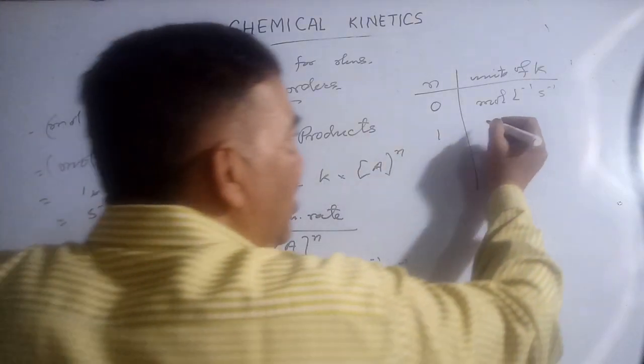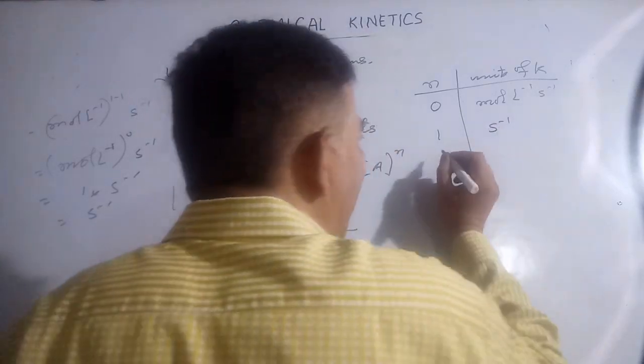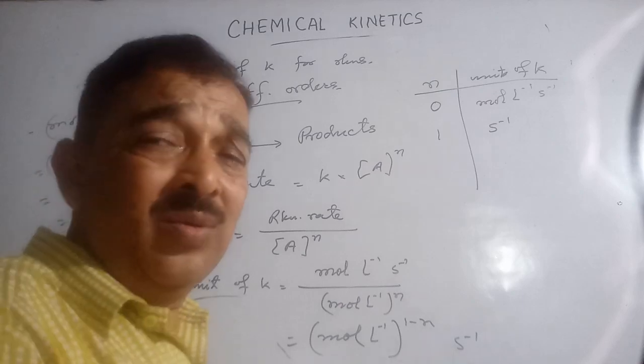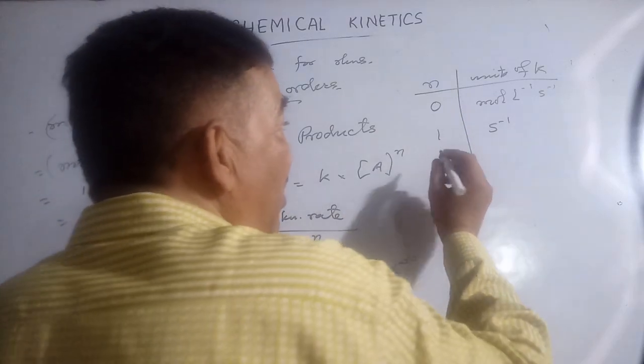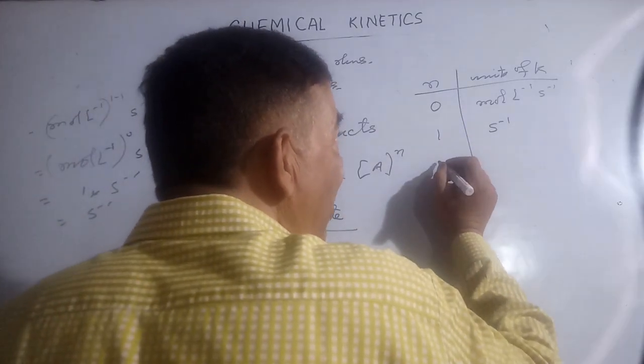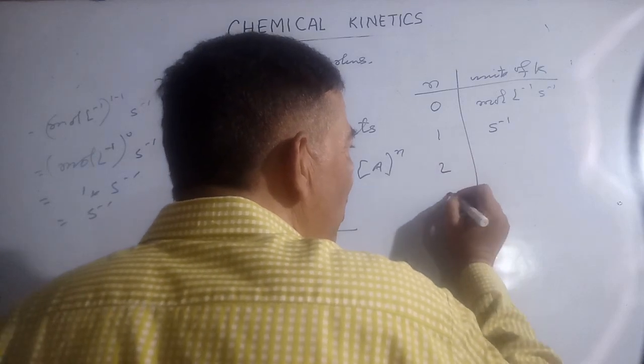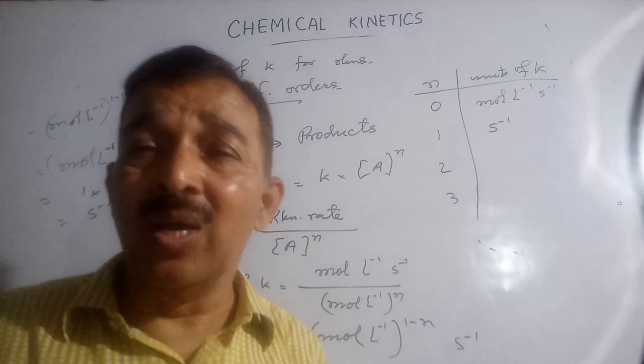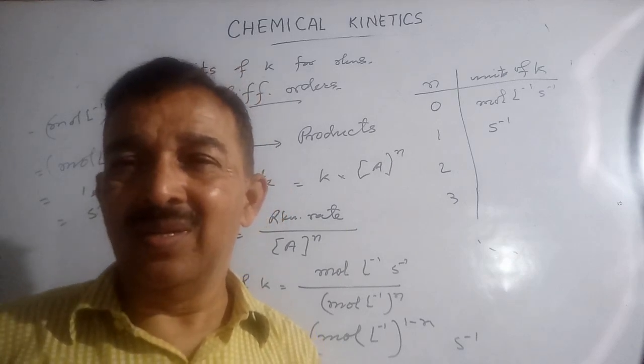So it will be per second. Now in the same way, you calculate the unit of K when the value of n becomes 2, 3 and so on. I hope it is clear. Thank you.